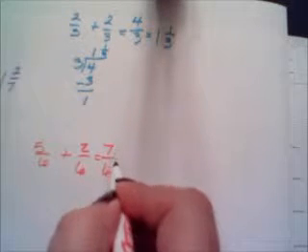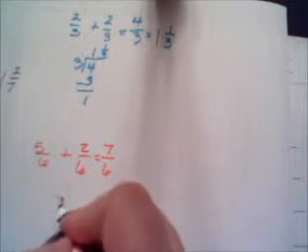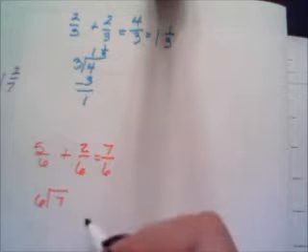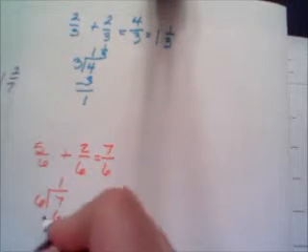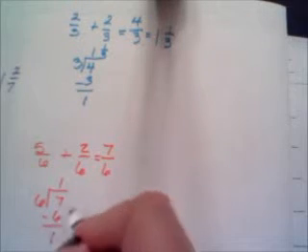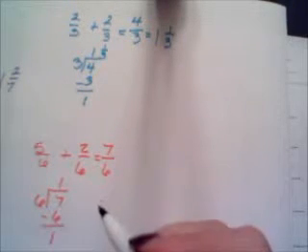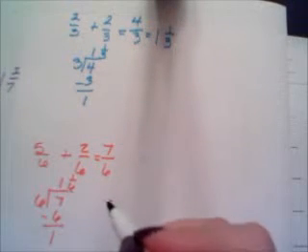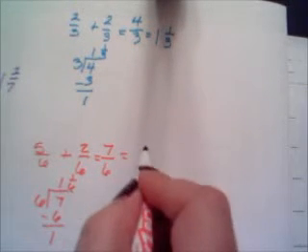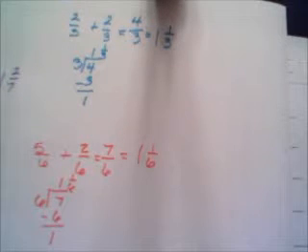Again, that's 7 divided by 6. 6 goes into 7 once. 1 times 6 is 6. When we subtract, we get 1. If we write our remainder as a fraction, we have 1 and 1/6. Okay, so this is equal to 1 and 1/6.